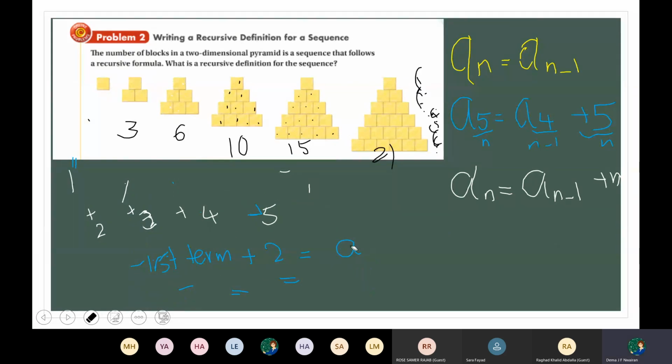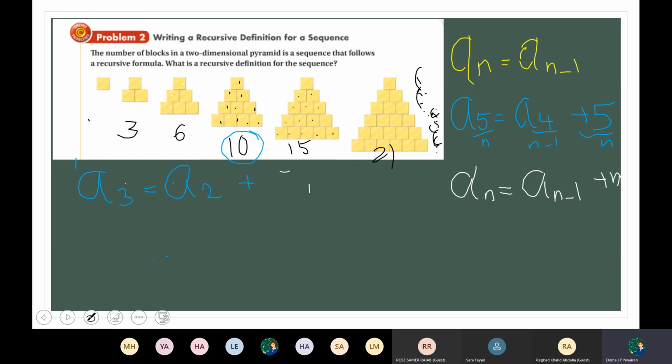I know you are shocked, but Teacher, what about the 4 and the 5? Here, let's find as an example a3. I say a3 is a2 plus what?